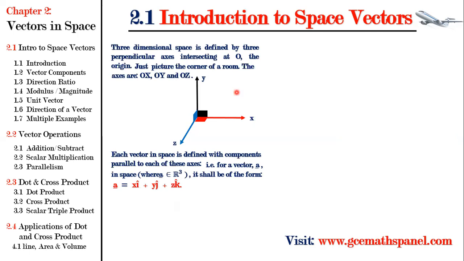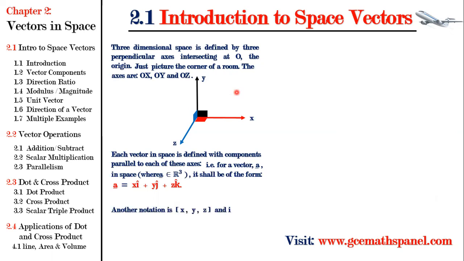If we're talking of a vector on a plane, we will normally talk about two components, maybe just the i and j components, or the j and k components, or the i and k components. So that would be a two-dimensional vector. But for a vector in space, we have the i, the j, and the k components.